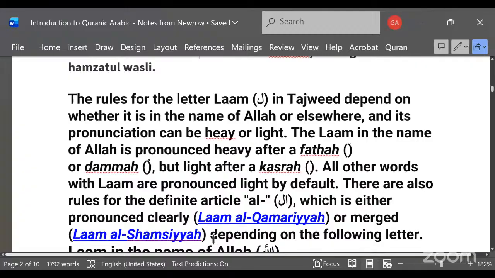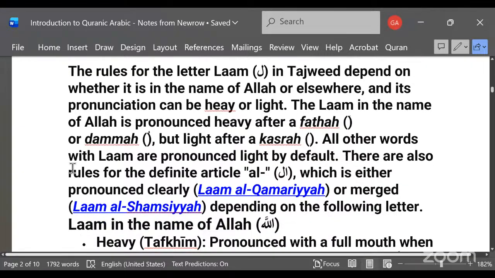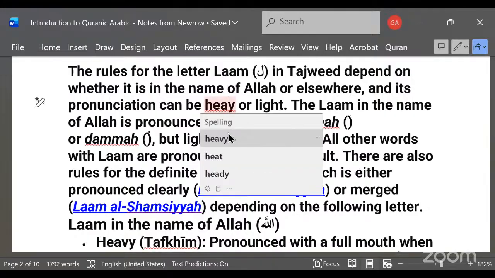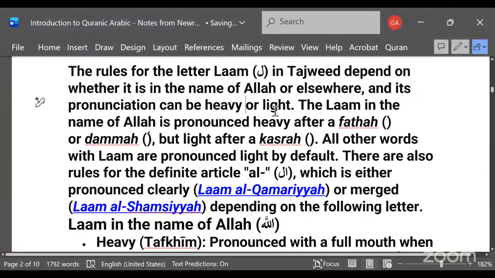So with that, let us look at the rules of letter lam. Letter lam in Tajweed depends on whether it is in the name of Allah or elsewhere. Its pronunciation can be heavy or light.